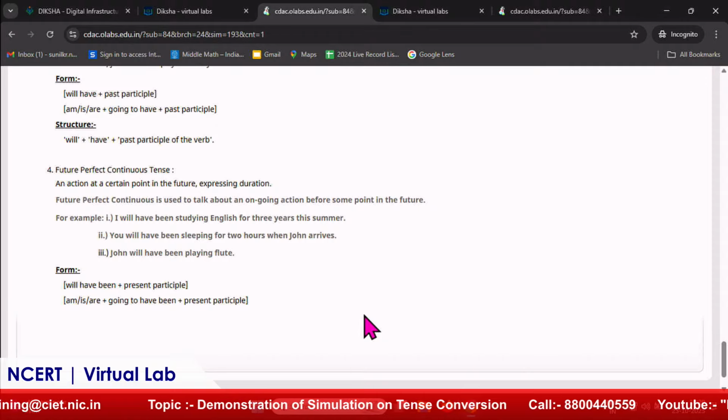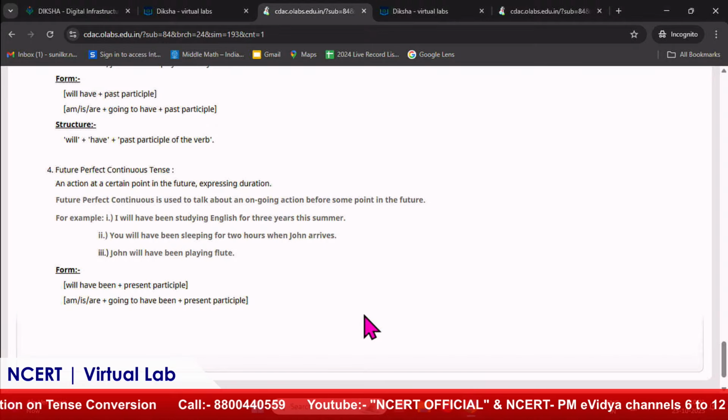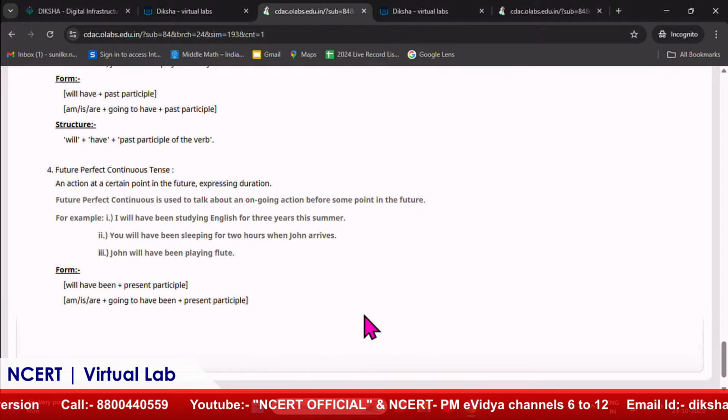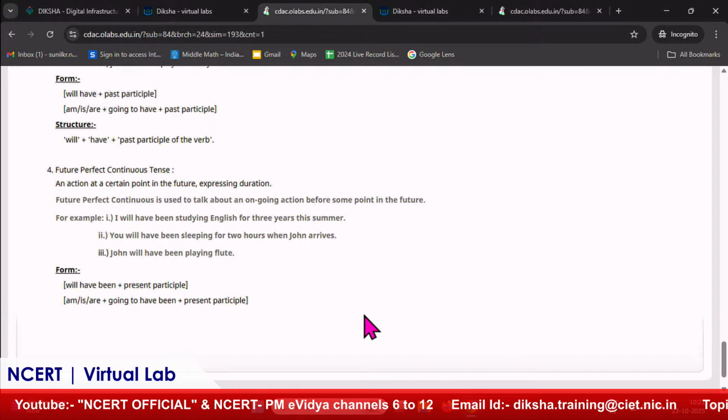So, remember future perfect continuous with duration. For example: I will have been studying English for 3 years this summer. That specifies a specific duration, that of 3 years.